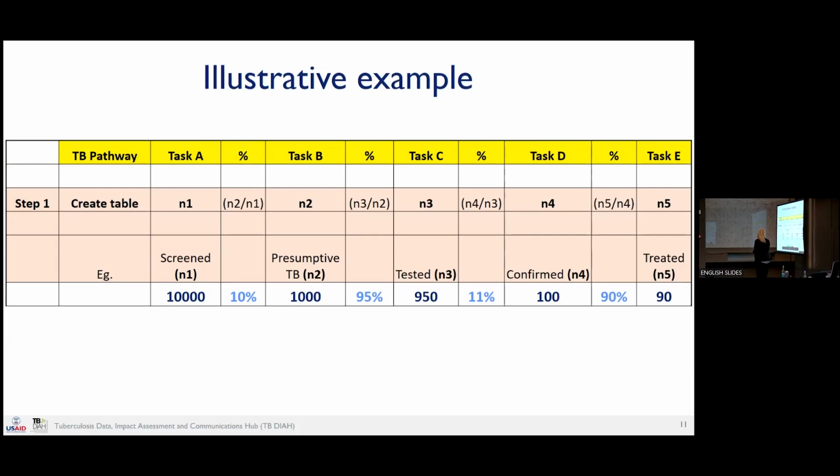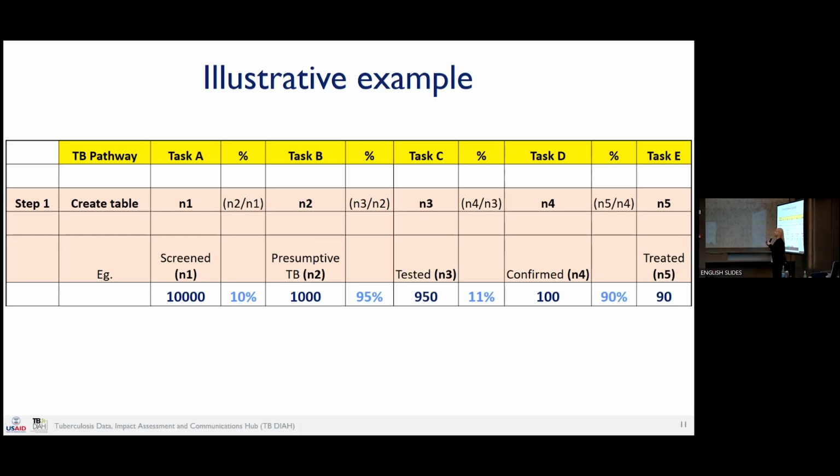So in this table, for instance, we see that this is a TB pathway cascade. So it is the path that the patients should go through from screening to treatment. We see that we had 10,000 people who were screened. Out of them, presumptive TB was identified in a thousand, so it's 10%.